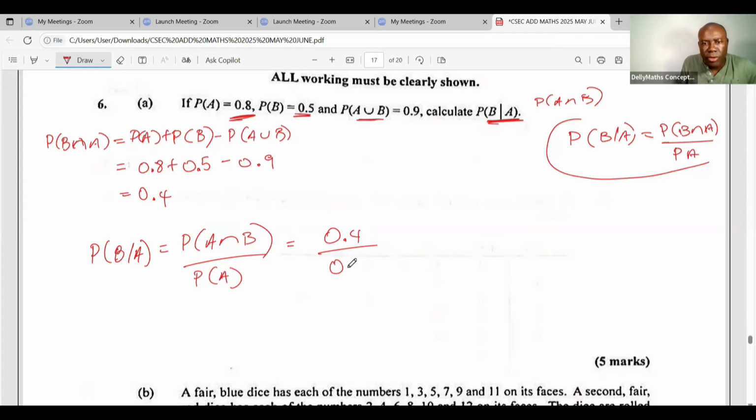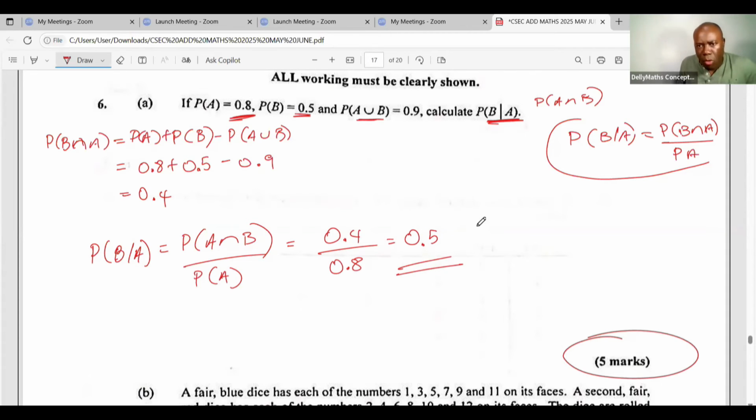A is 0.8. So you work it out, and we'll simply get half for that one. This looks like it's 0.5 for that one, for 5 marks. All right, so there it is. So we have that done.